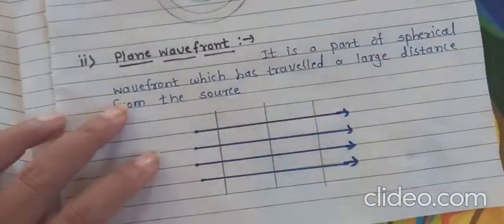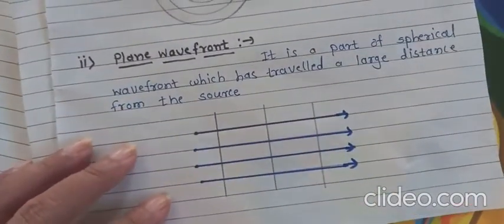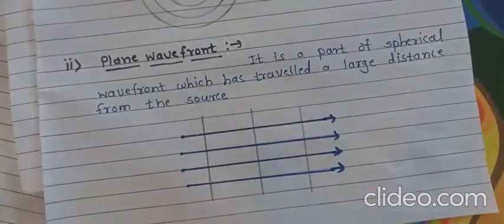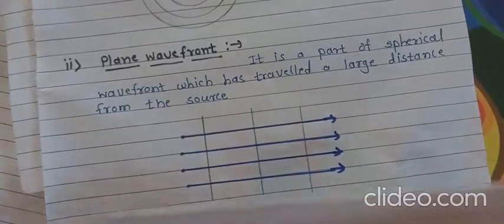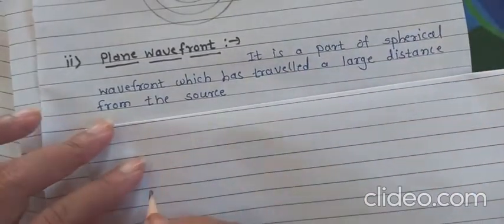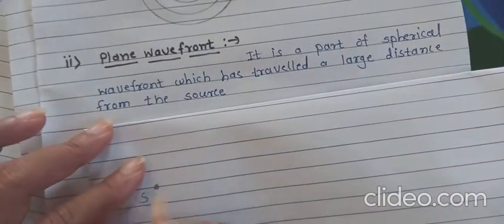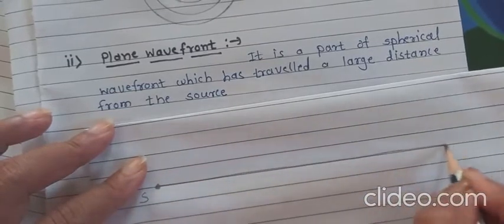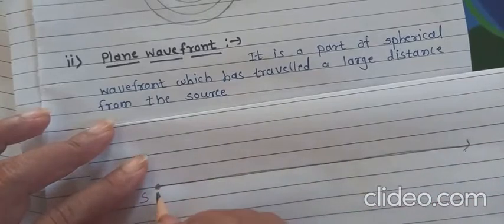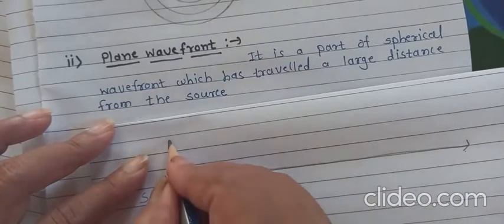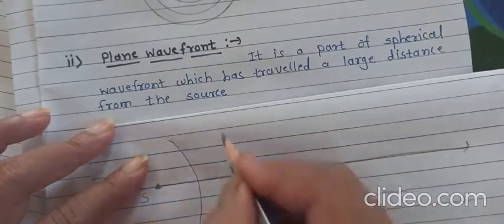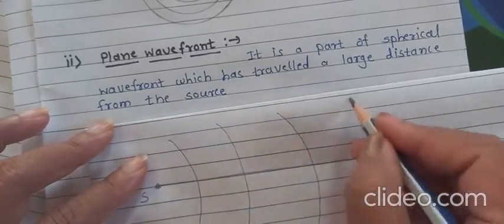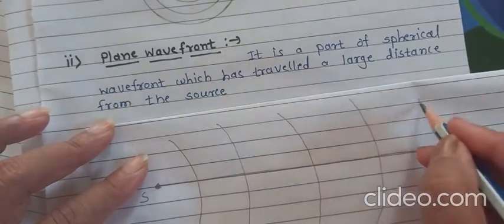Next one is a plane wavefront. To study the plane wavefront, consider source S. The light is propagating in all directions. Then the spherical wavefronts at larger distance.